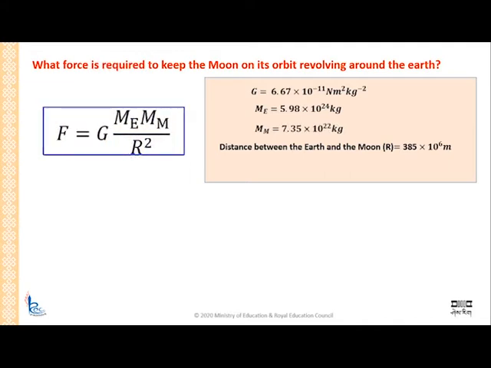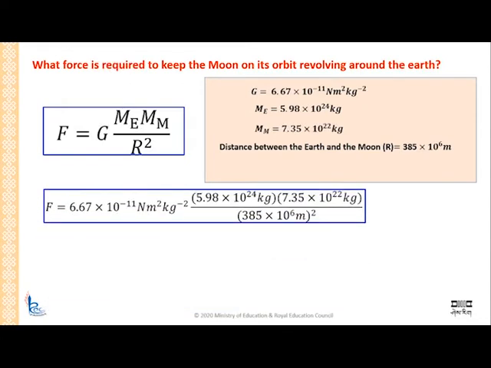Again with the formula F is equal to G m1 m2 over r square, we are going to see what is the force of attraction between the mass of the earth and the moon separated by distance r. So putting in the values, we get F is equal to 1.98 times 10 to the power 20 Newton.